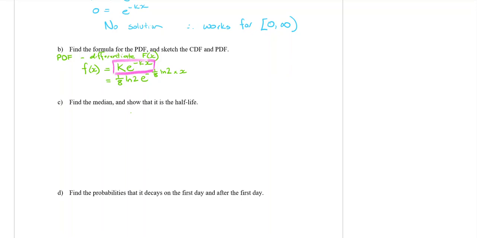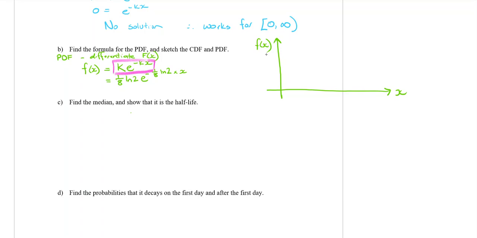For the PDF of this graph, we need to put the x on the horizontal axis, f of x on the vertical axis. We're going to sketch the graph of the one in the pink box, which means we're drawing an exponential graph.